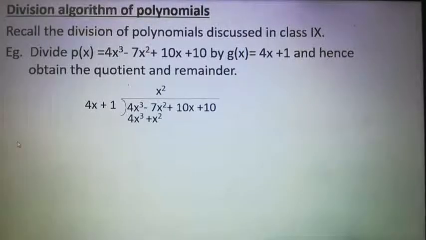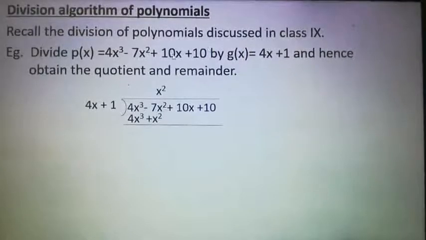Now subtract, as in the division of numbers. 4x cubed minus 4x cubed is 0. See that all the like terms are in the same column. So negative 7x squared minus x squared, minus 7 minus 1, gives minus 8x squared, and then write down the next two terms. Now the dividend polynomial has become negative 8x squared plus 10x plus 10.